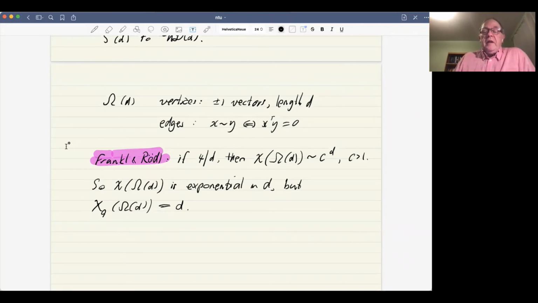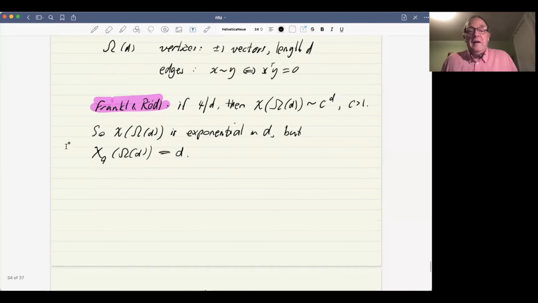So the chromatic number of this Omega D grows exponentially with D. But Omega D is a subgraph of S-flat in D dimensions, and that has a homomorphism into the unitary derangement graph, and so the quantum chromatic number of Omega D is just D. So the quantum chromatic number doesn't always coincide with the classical chromatic number. There can be a huge difference.